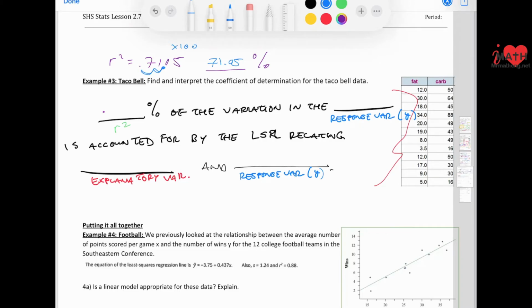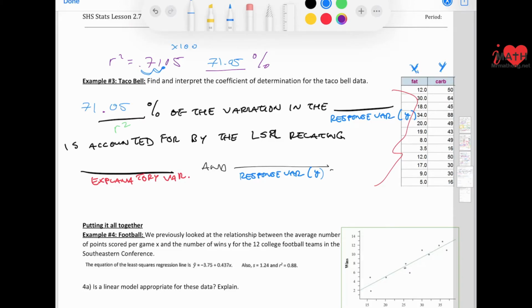So I caught myself. You would not want to put in here 0.7105. You would have to put in 71.05%. Because remember, percent is between 0 and 100. 71.05% of the variation in, okay, now it says response variable, which is the y. So this is my x and this is my y. So y is what?